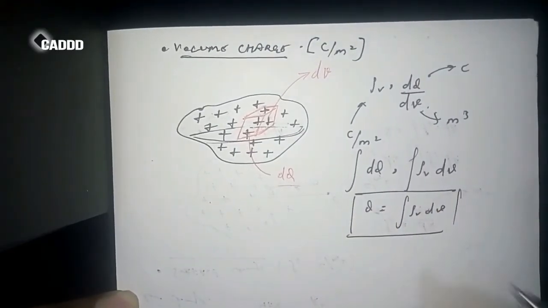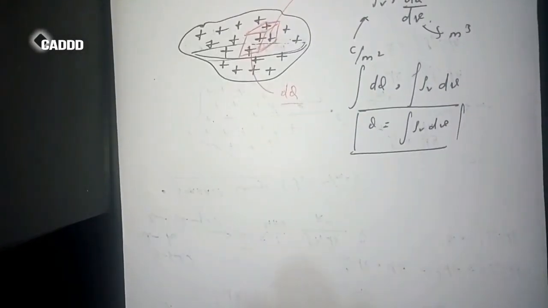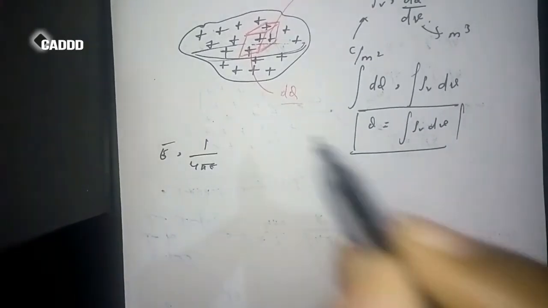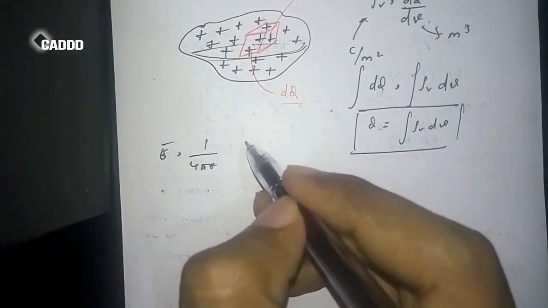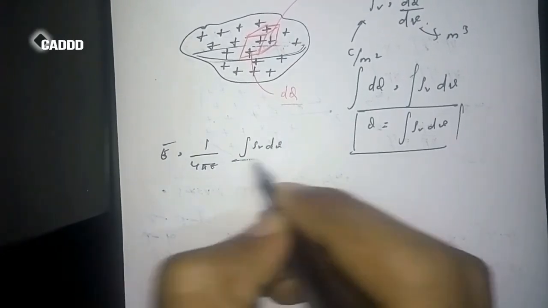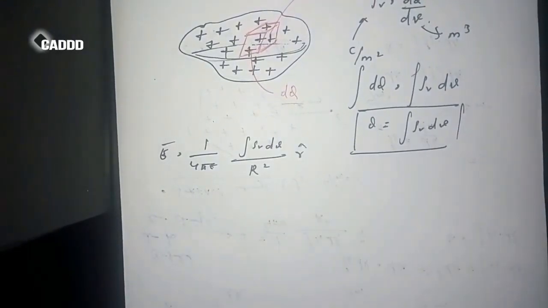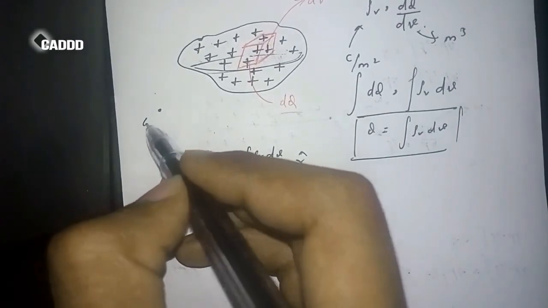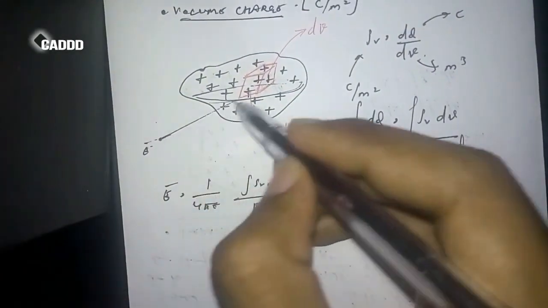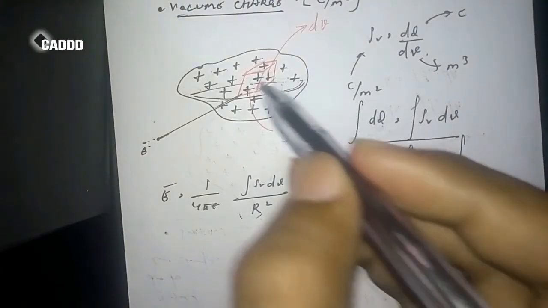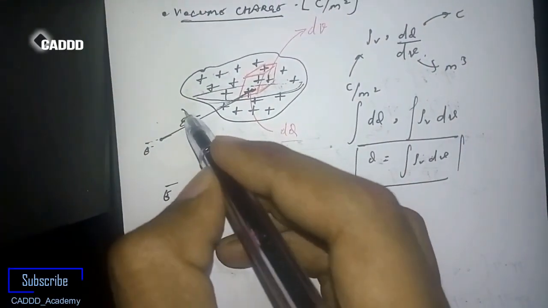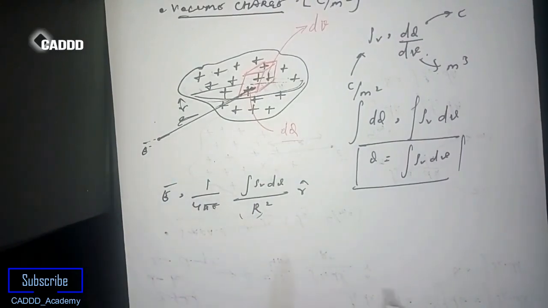We put this in the electric field formula, 1 by 4 pi epsilon, rho v dV by r square into r cap. Let's say we have to calculate the electric field at this point, so this r is the distance from the center of the volume, and this r cap is the direction.